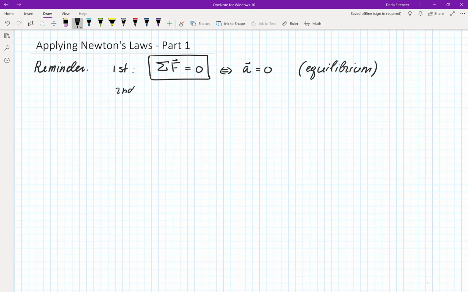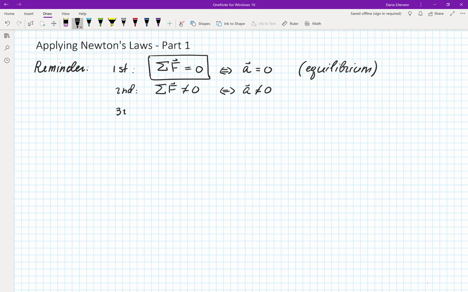Second law is basically the same thing, but now it's turned around, and it talks about what happens when the sum of all forces is not equal to zero. Basically, that means that acceleration is not equal to zero. So that's when we can figure out the cause and effect, right? The net force is the cause, and the effect of that is acceleration.